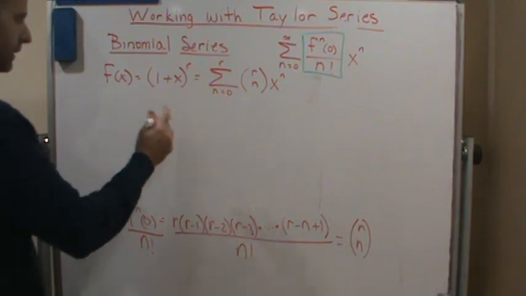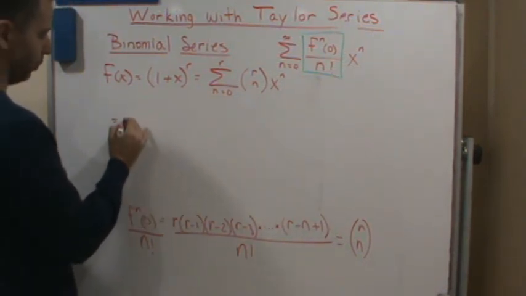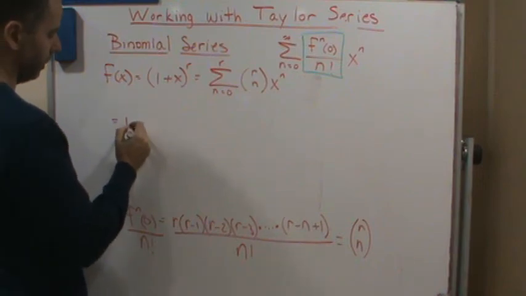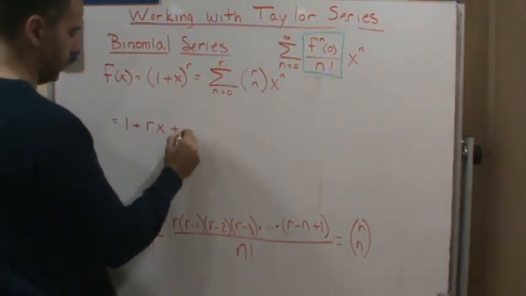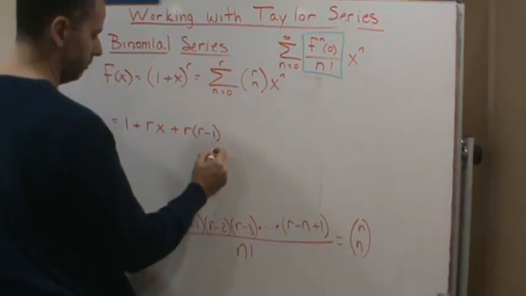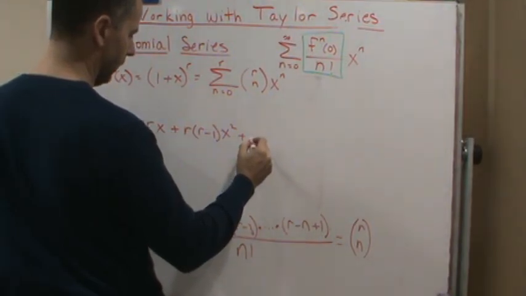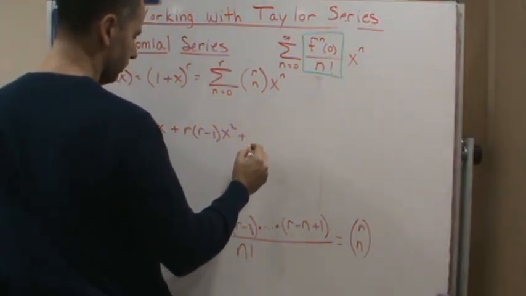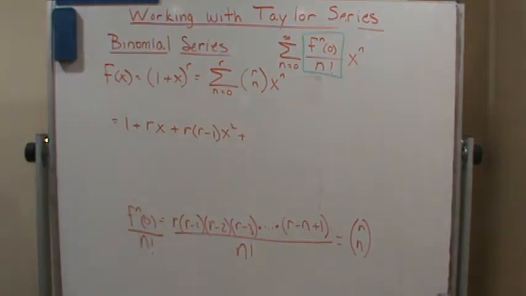So now that means that this series is equal to what? It's going to equal 1, right? Plus r x plus r times r minus 1 x squared, plus, what else do we want to do?